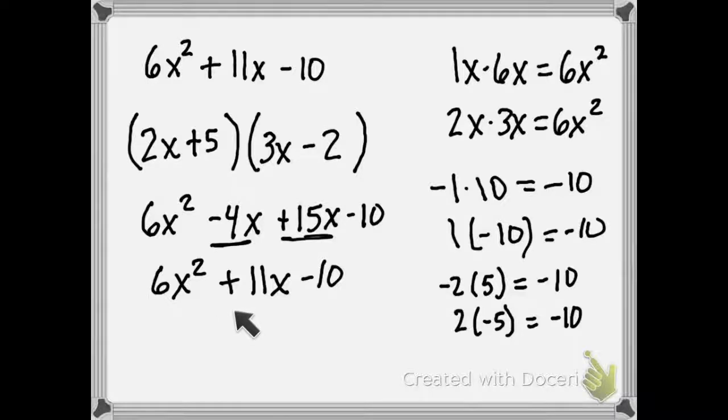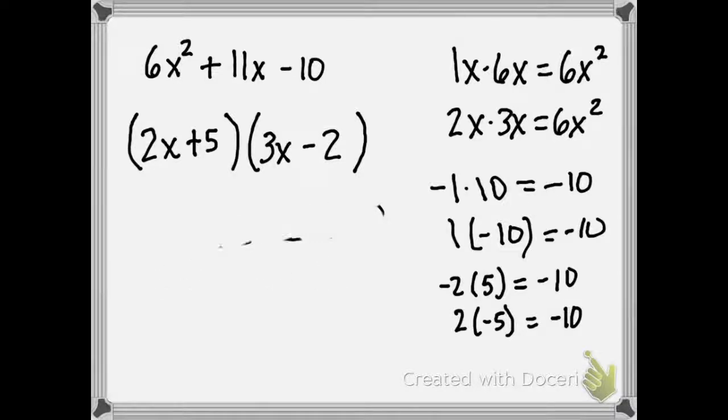That would just make it minus 11x. The number would still stay the same. It would just change the sign. So when the leading coefficient is not 1, we just have to use trial and error. We're just going to try our options and keep trying until we get one that works.